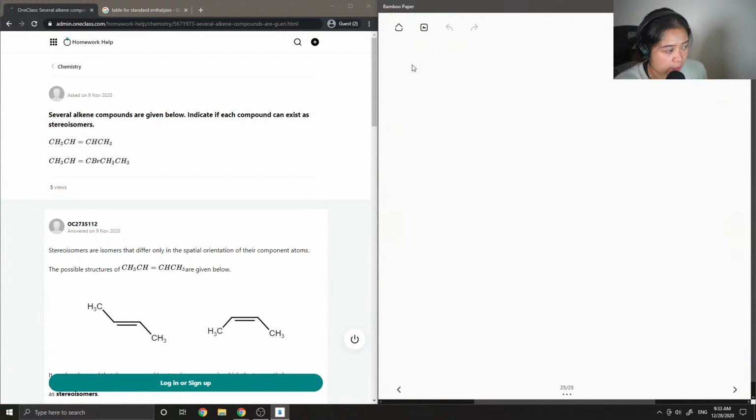Okay, so question 8. Several alkene compounds are given below. Indicate if each compound can exist as stereoisomers. Okay, so I'll write down the definition of stereoisomers.